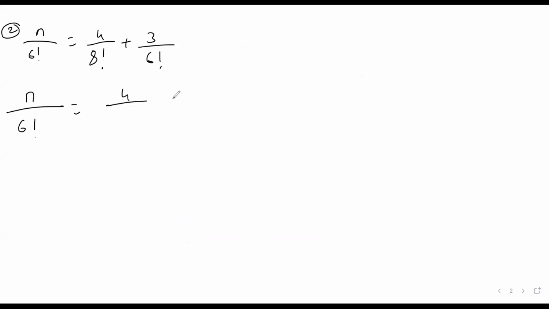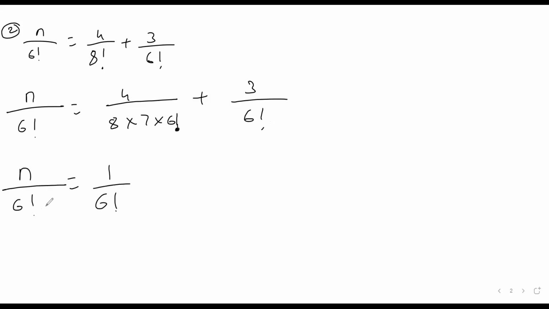Question 6, second: n upon 6 factorial is equal to 4 upon 8 factorial plus 3 upon 6 factorial. We have to find n. I can write n upon 6 factorial is equal to 4 upon 8 into 7 into 6 factorial plus 3 upon 6 factorial. We will take 1 upon 6 factorial common here. This will be 4 upon 8 into 7 plus 3.